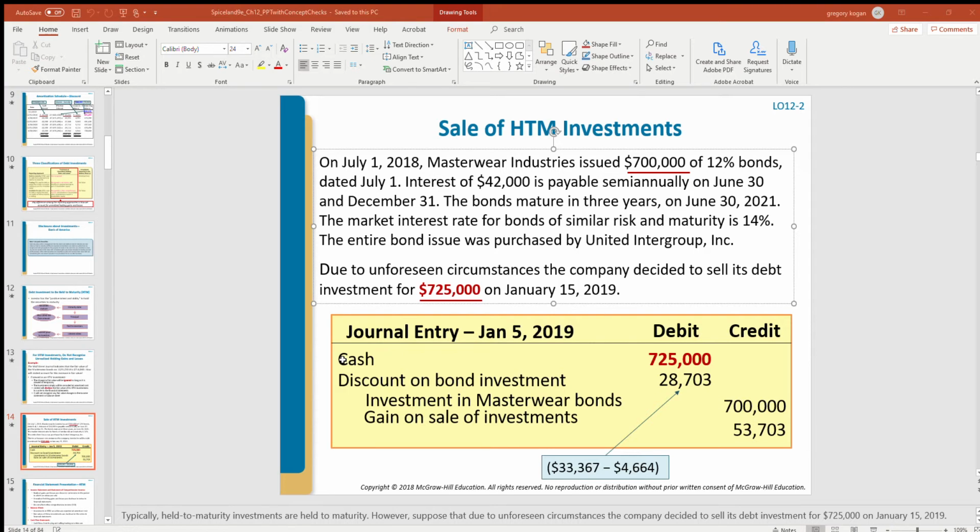Well, we know the original entry for the investment was 700,000. That was the face value, so we have to credit that out. And the other piece that is missing is we have to know what the discount is in order to zero that out. So that's 28,703, and we need to debit it because originally that was a credit balance, right? Originally that was a credit balance that we had, and that's how we know that it would be a gain of 53,703, because that is the balancing entry.